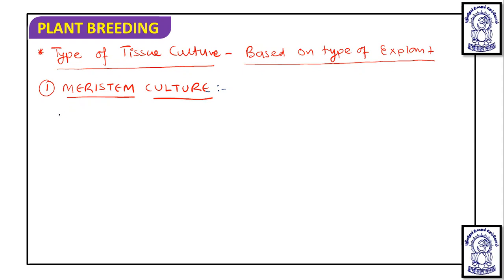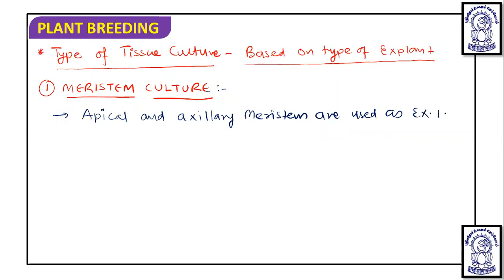So in meristem culture, the apical and axillary bud or meristem are used as explant.